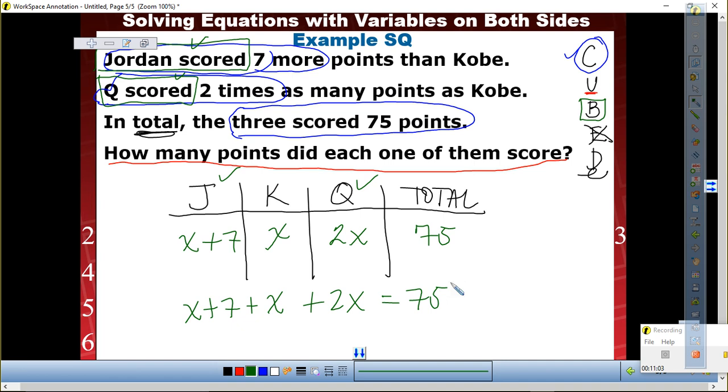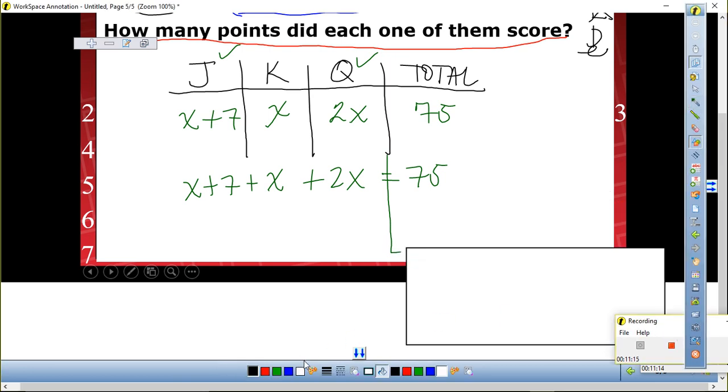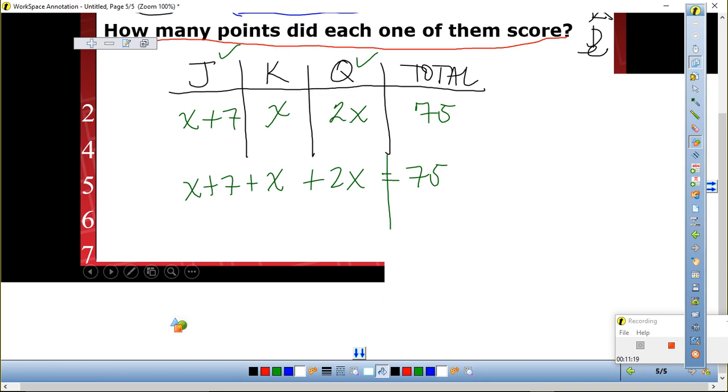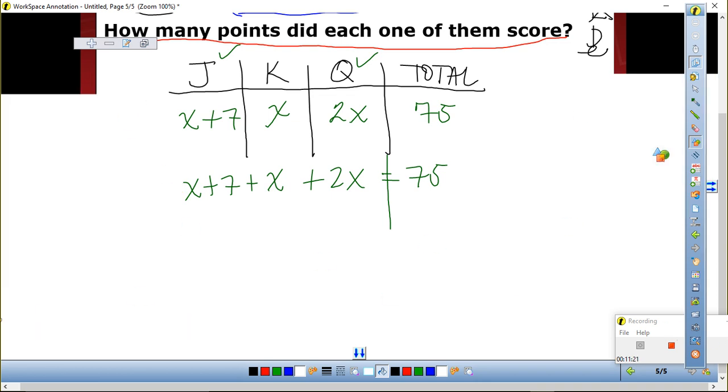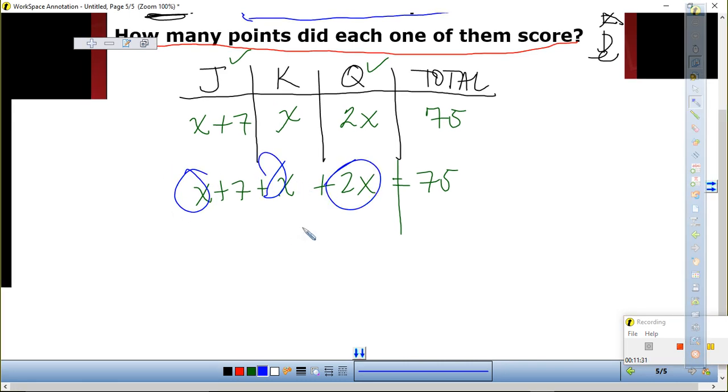Finish it off, please. You know what to do from there, yeah? Line down the equal sign and all the fun stuff. All right, let's see. So what shall we do? Combine like terms. We got 1, 2, 3 x's right there.